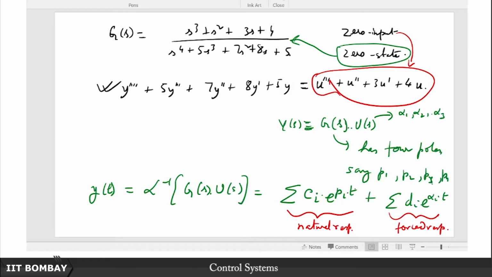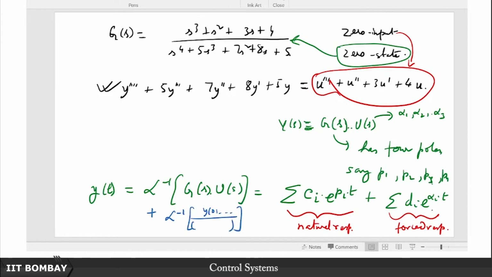Look at these terms, these natural responses. Suppose in this differential equation all your initial conditions were 0, so you are looking at basically the zero state response. I think I should also say here, I have missed a bit, so you will also have some Laplace inverse of some y0 related terms, the initial conditions, and we will have some denominator here, right?